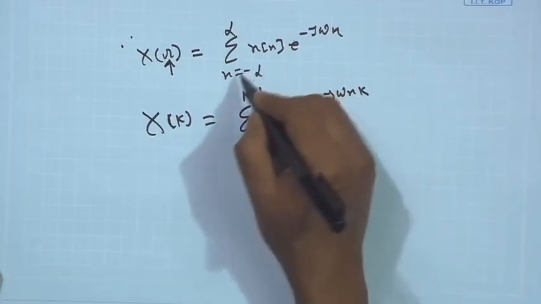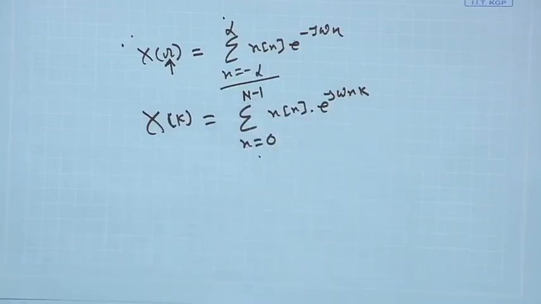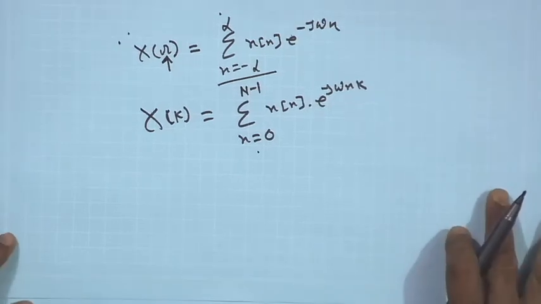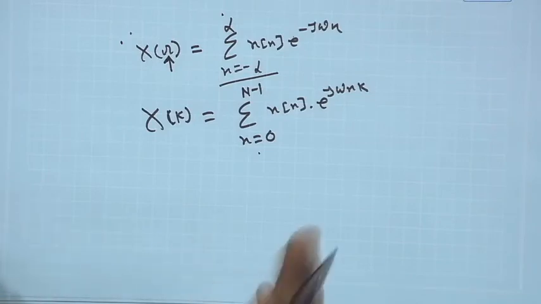Why is it 0 to N minus 1 instead of minus infinity to plus infinity? I said discrete frequency, the frequency axis is also discrete, and that means I am sampling the frequency scale also.